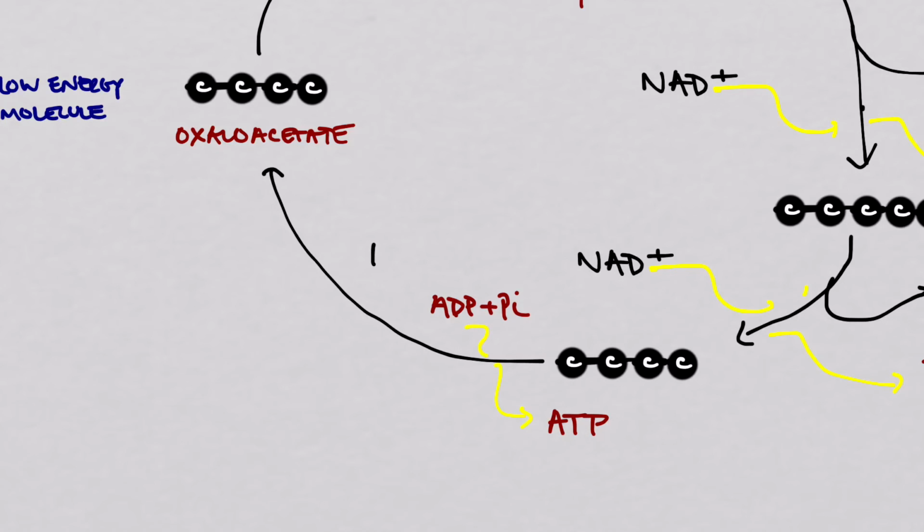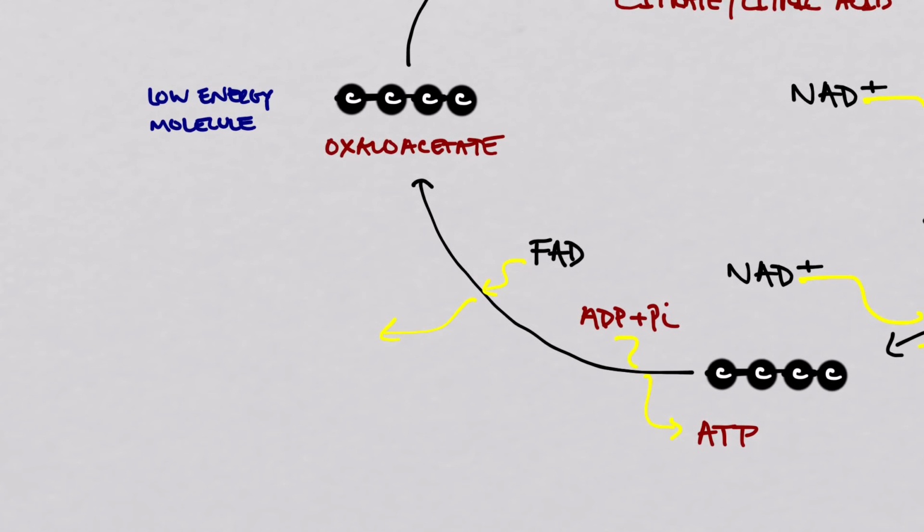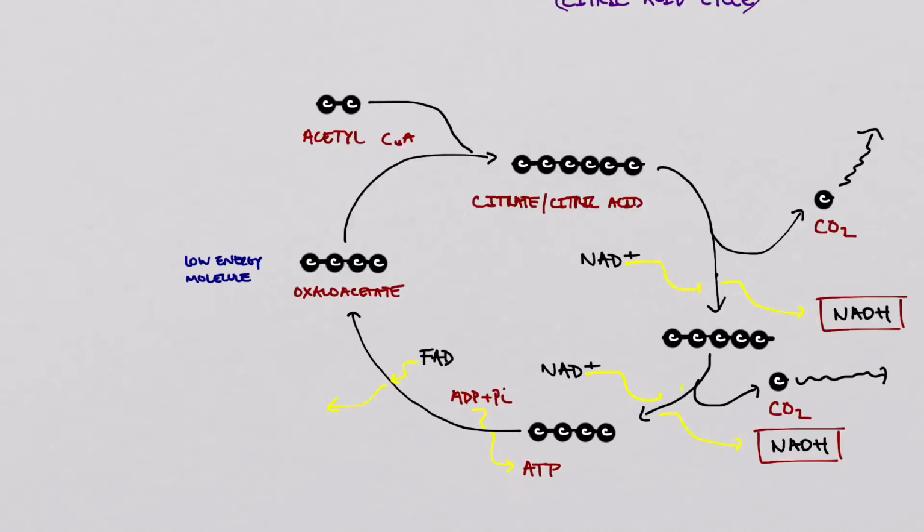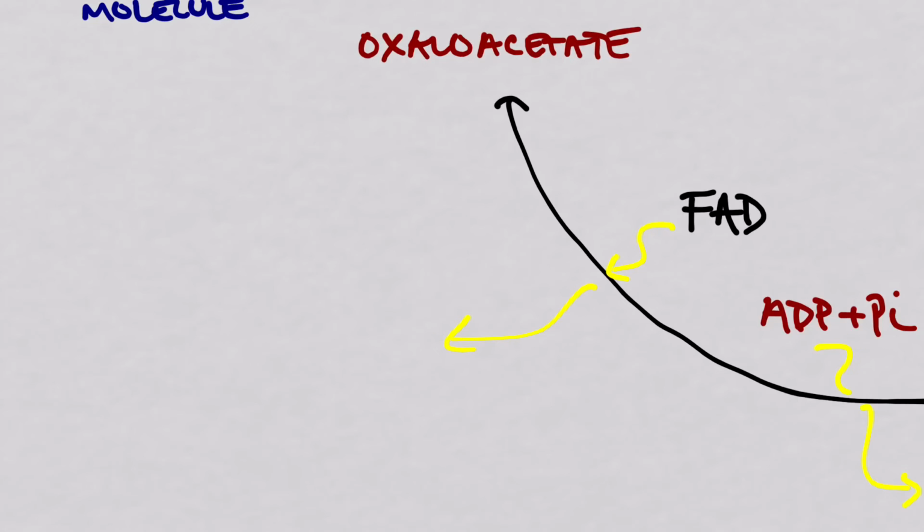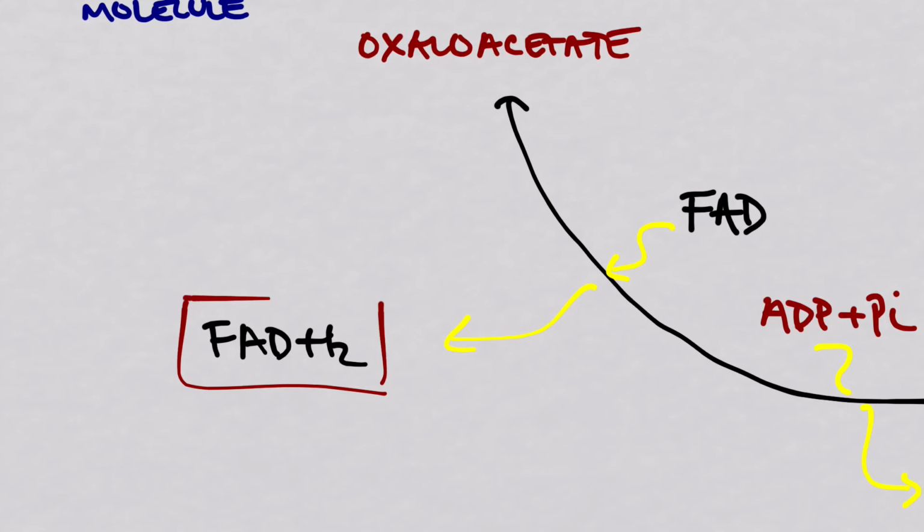It's called FAD. FAD comes in, and out pops another molecule carrying high energy electrons, and that's FADH2, and actually it carries 2 high energy electrons, so I should say that.